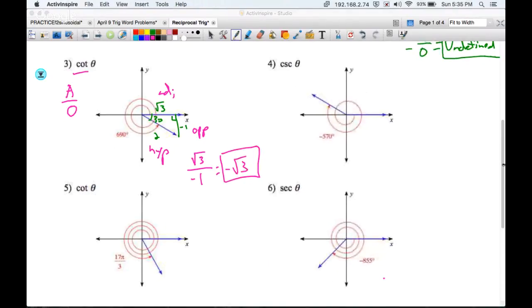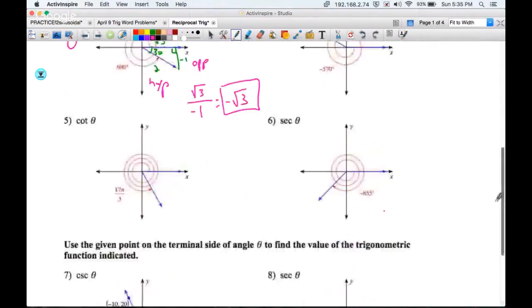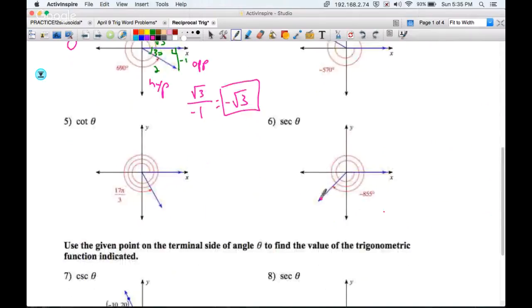All right, let's do one more. How about this one here? This is clearly a 45-degree angle. We can tell, especially because that angle measurement ends in a 5. The only way that that's possible is if that interior angle is 45.